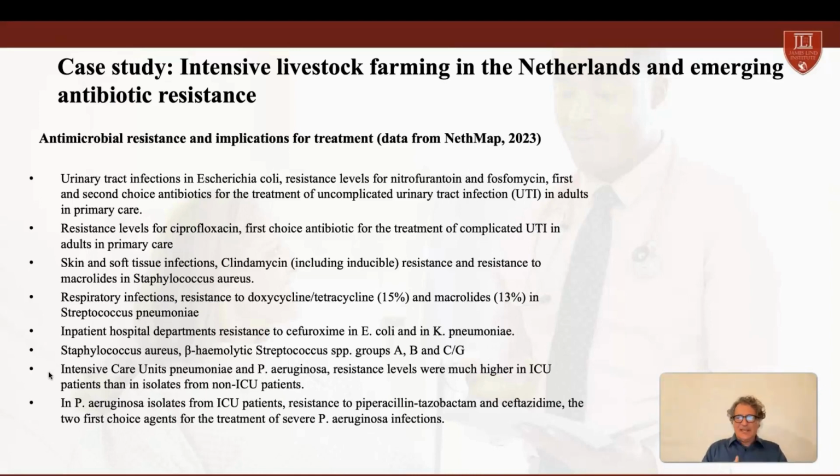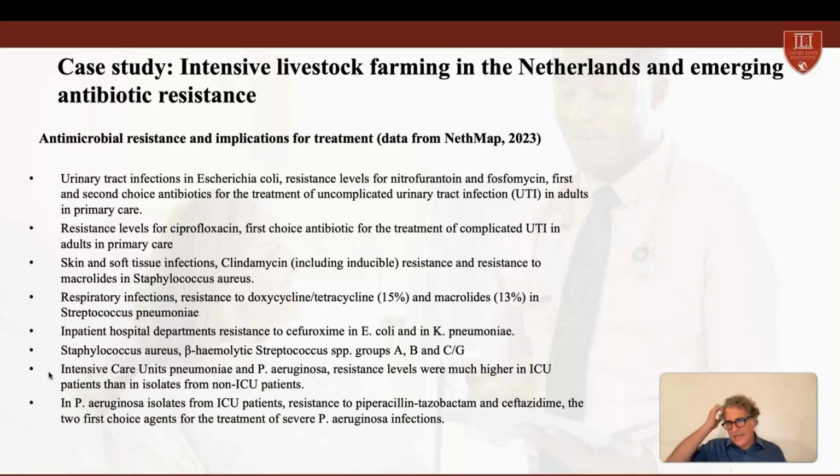In this slide, generally I use different examples of how different antibiotics or antivirals are used in human medicine, in human health in the Netherlands.